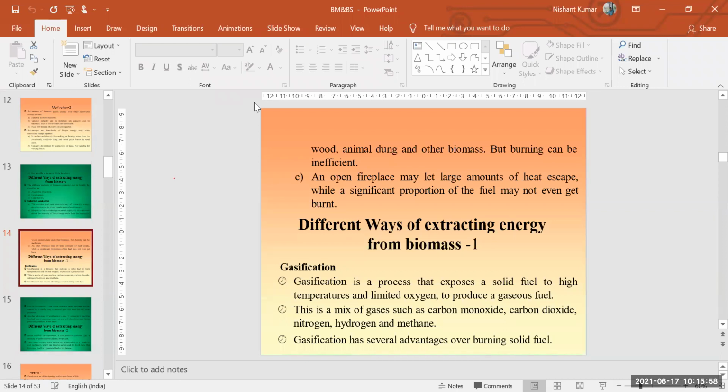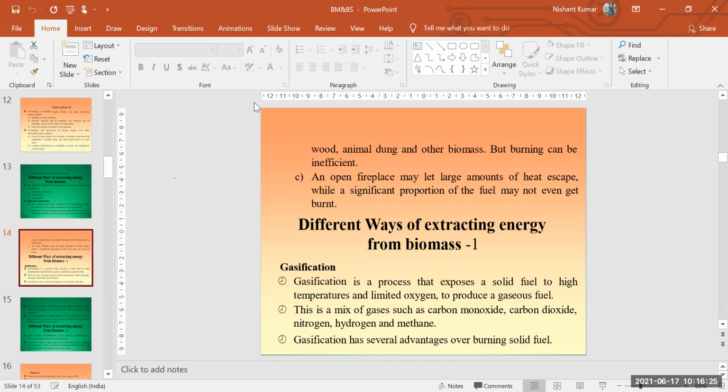Now another segment is gasification, right? Gasification is a process that exposes a solid fuel to high temperatures and limited oxygen to produce gaseous fuel. This is a mix of gases such as carbon monoxide, carbon dioxide, nitrogen, hydrogen, and methane.